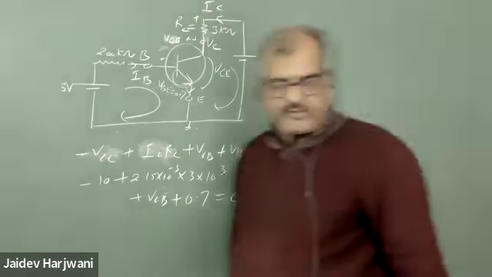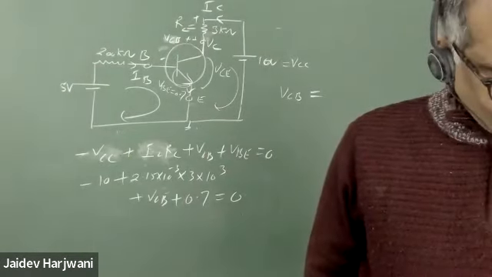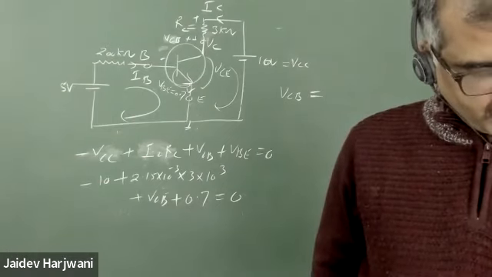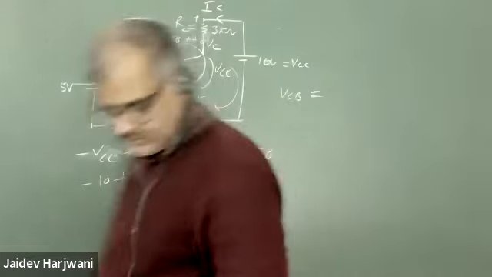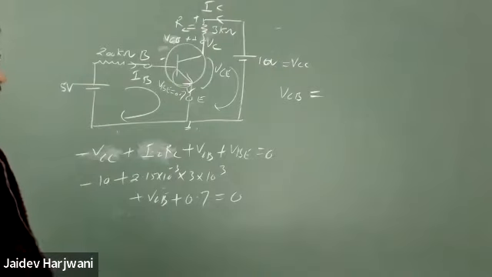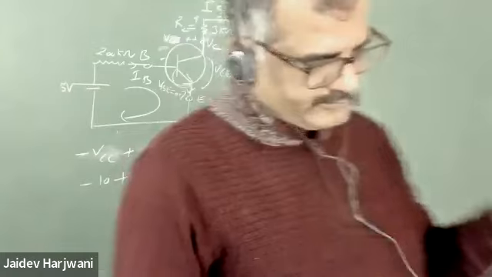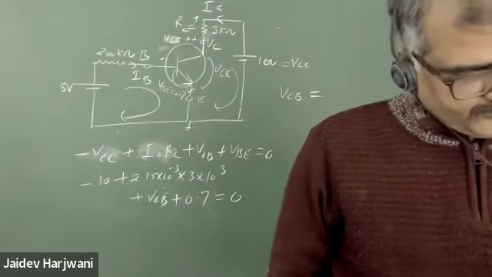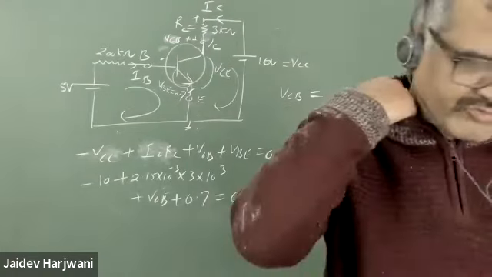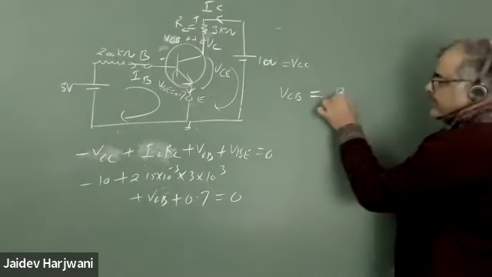What is the value of VCB? 4.25? 2.85. Okay, very good. So your VCB is 2.85.